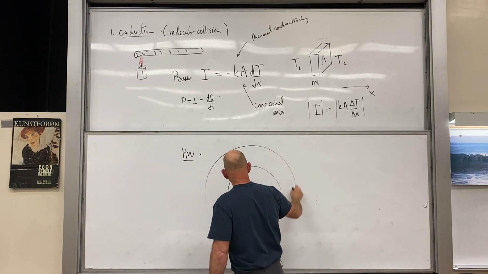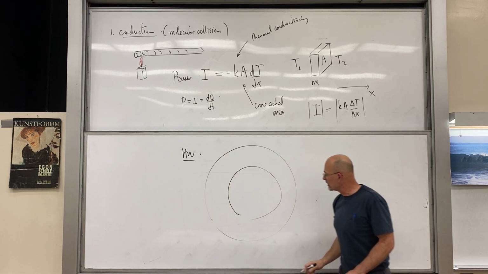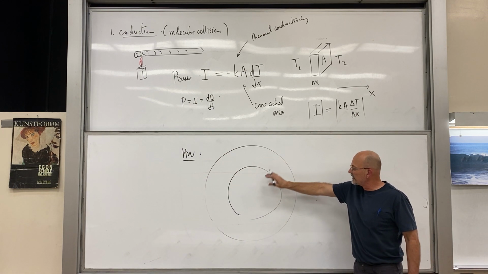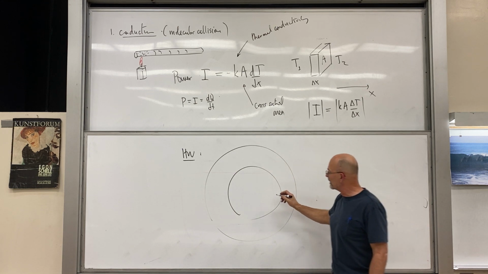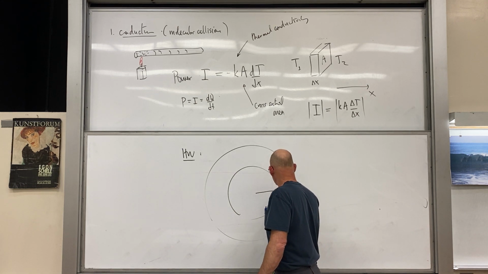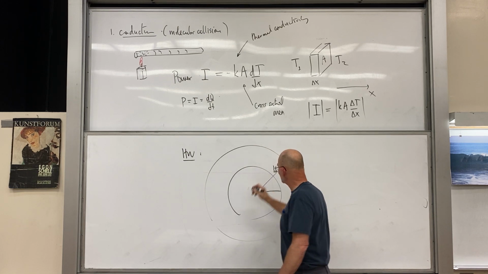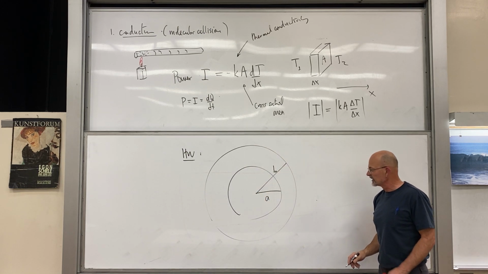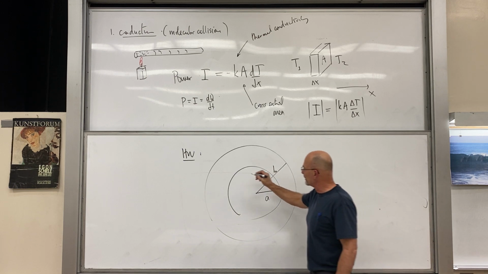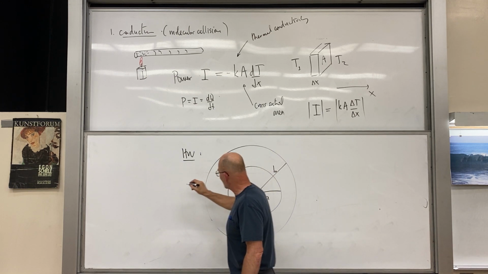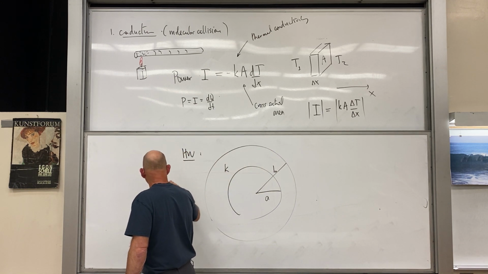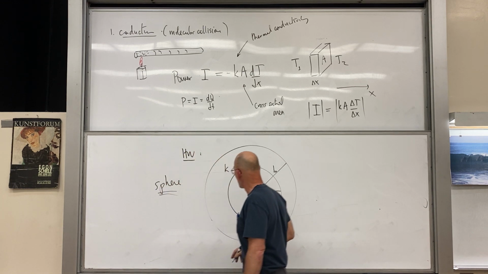What we have is a sphere. There's a sphere with a hollow inside, and you've got the material here, and let's call this inner radius A, and this outer radius B. There's a material constant K, so this is a hollow sphere.